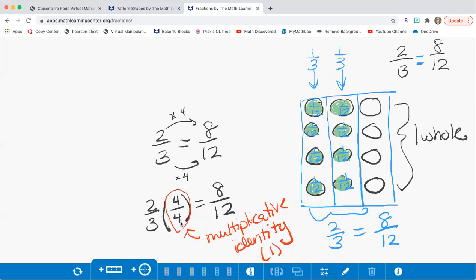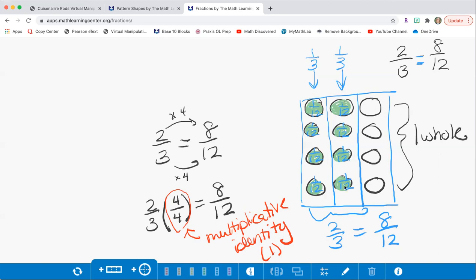And so now let's think about what did we do to this 2/3? How do we see it being multiplied by 4? One way we can think about it is we had one row of 2/3, and you can think about it like we scaled it up. So that when we took this 2/3 we had it 1 time, 2 times, 3 times, 4 times.